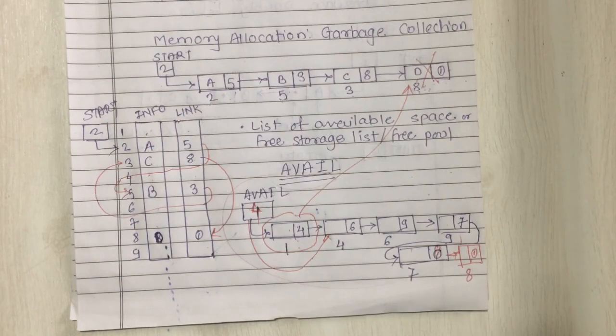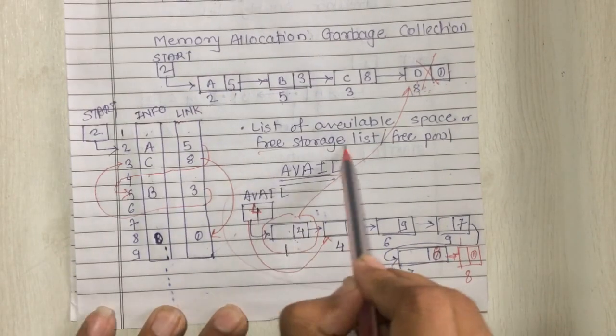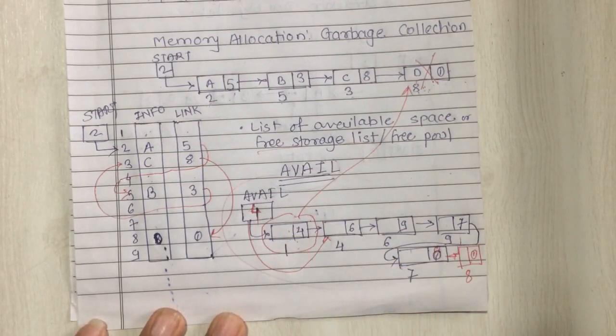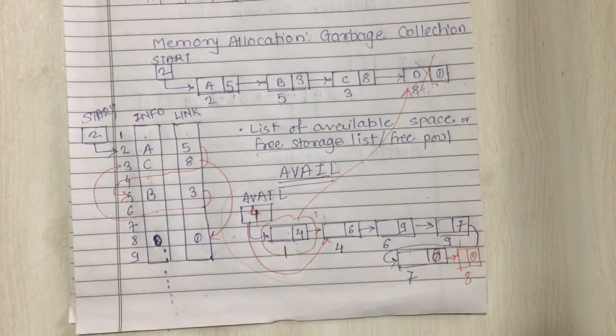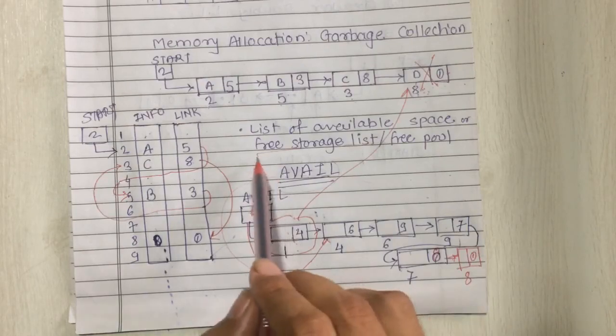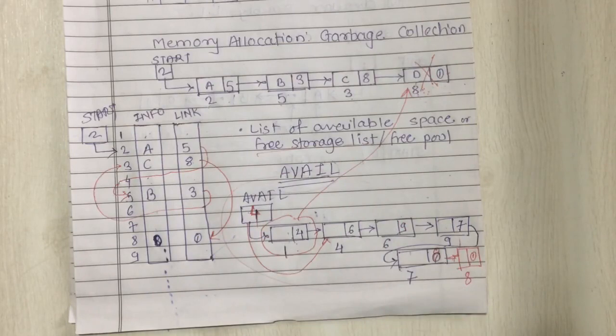The operating system of a computer may periodically collect all the deleted space onto the free storage list, and this technique is called garbage collection.